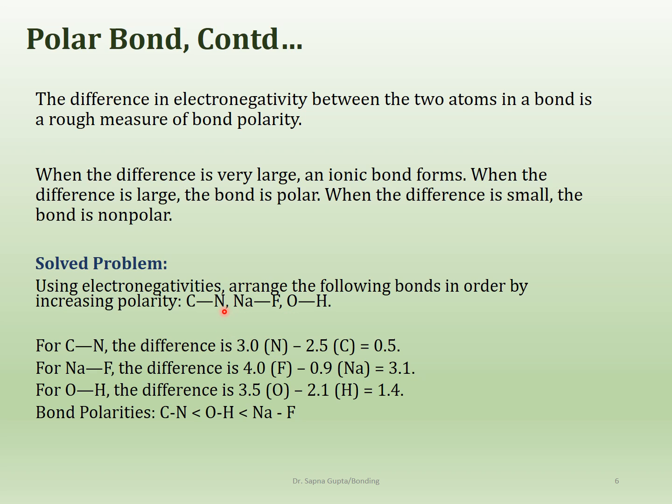And carbon and nitrogen will have the least polar bond here, because nitrogen is after oxygen on the periodic table for electronegativity. So the C-N bond is not so much polar. But that's how you would do this. Again, no numbers in the exam. You have to know the trend.